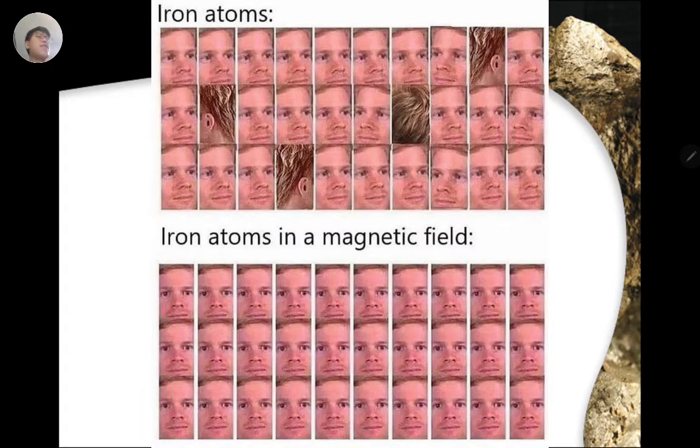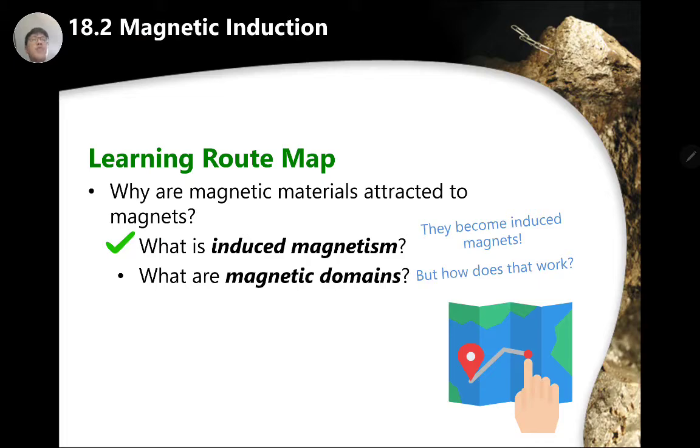So that is actually why magnetic materials become little induced magnets, because of this theory of magnetic domains, where the magnetic domains will all align. Everything is made of mini magnets, but they're all misaligned in general. When you bring a magnet close, they all align, and then it becomes a magnet.